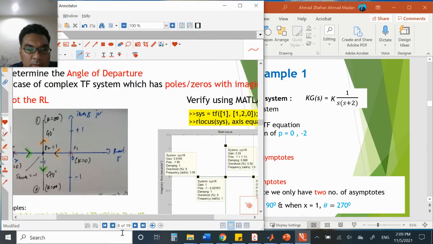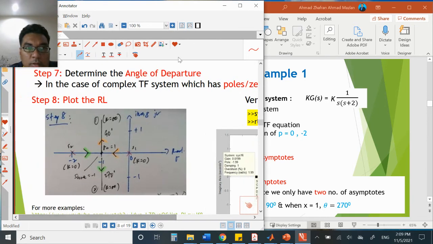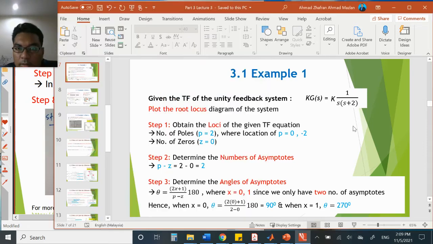I can zoom in a little bit here. So you have 0 and -2, for s1 and s2 here. The next one is the number of asymptotes.